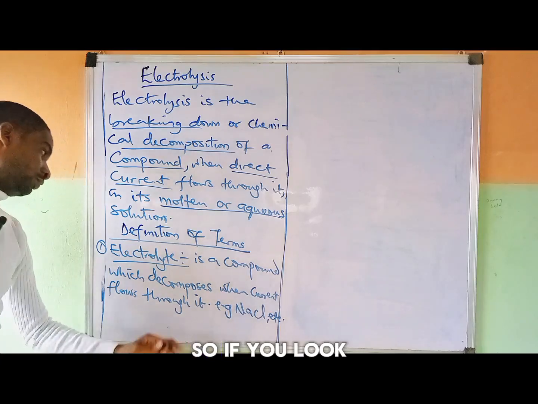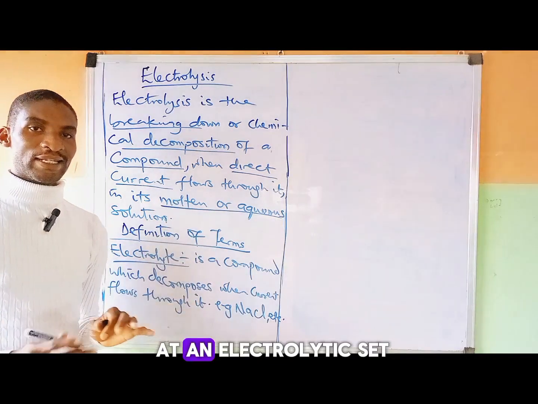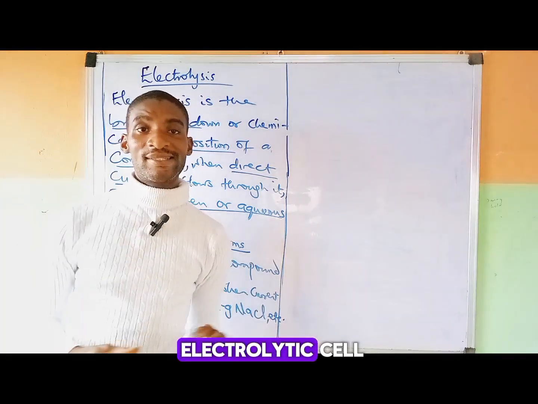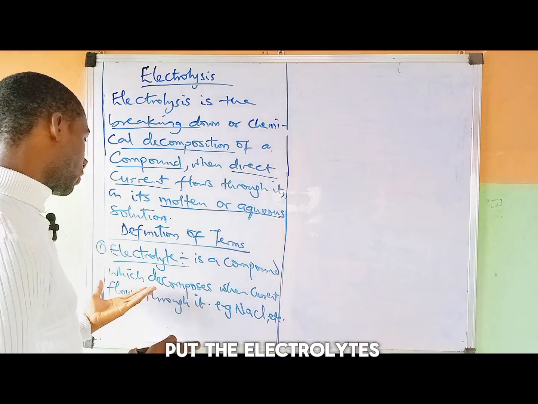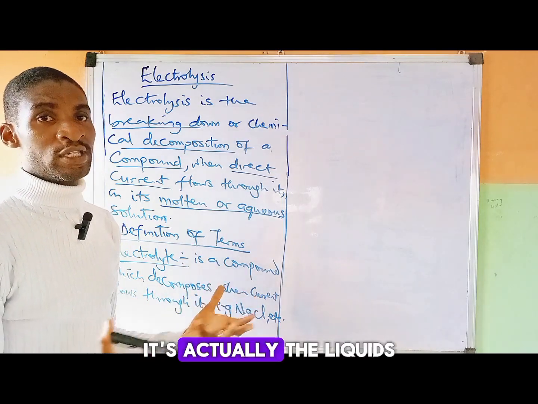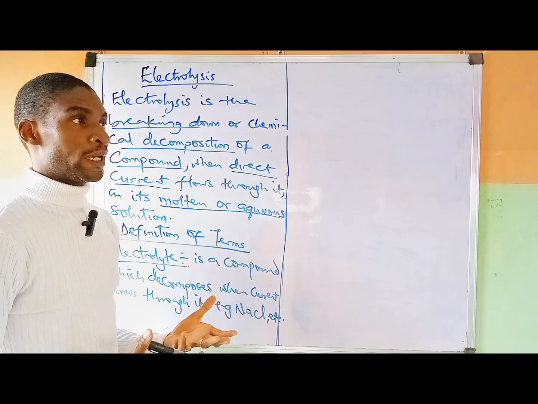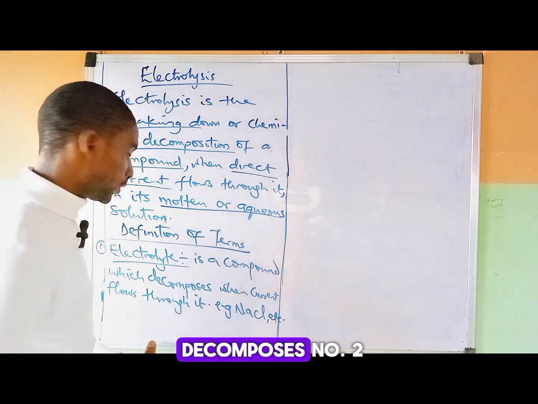If you look at an electrolytic cell, the content of that cell, the compound inside the cell, is what you call the electrolyte. It's actually in a liquid state, right? And when current flows through it, it decomposes.